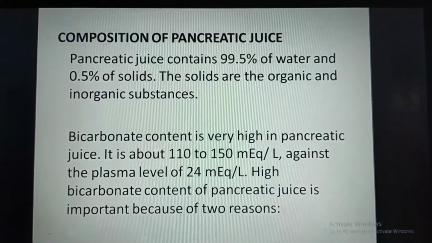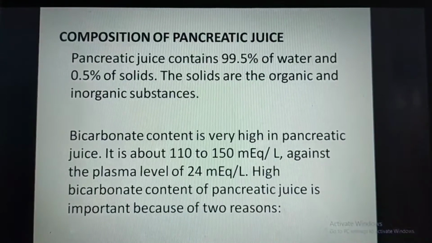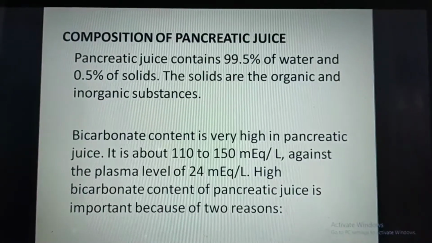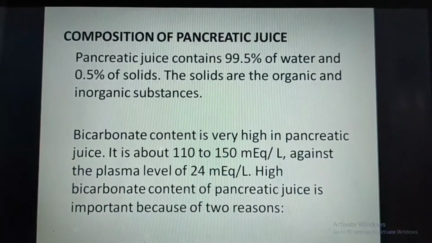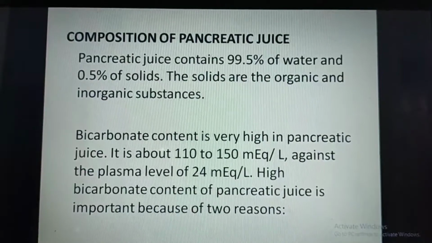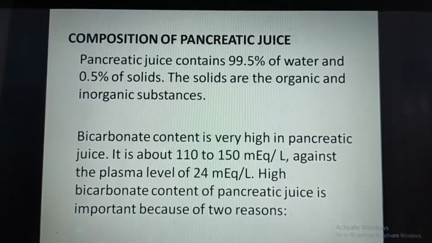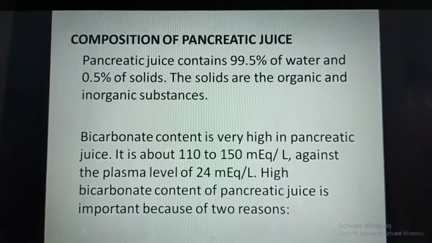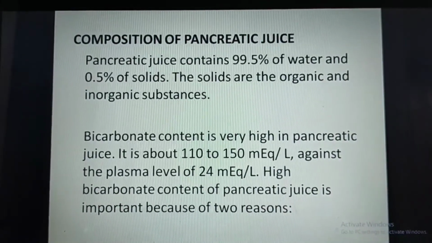Composition of pancreatic juice. Pancreatic juice contains 99.5% of water and 0.5% of solids. The solids are organic and inorganic substances. Bicarbonate content is very high in pancreatic juice. It is about 110 to 150 per liter against the plasma level of 24 per liter.